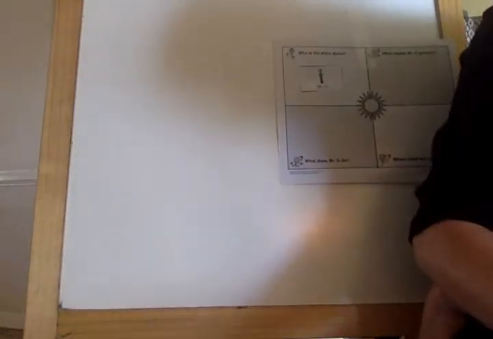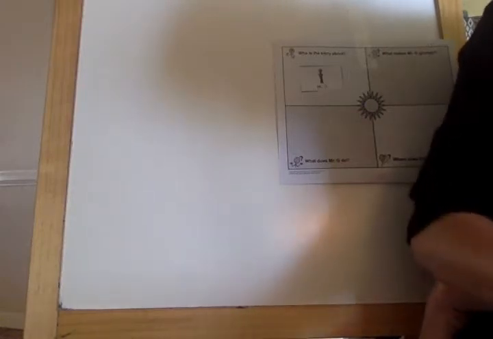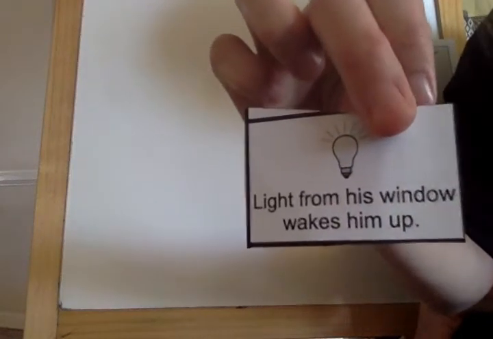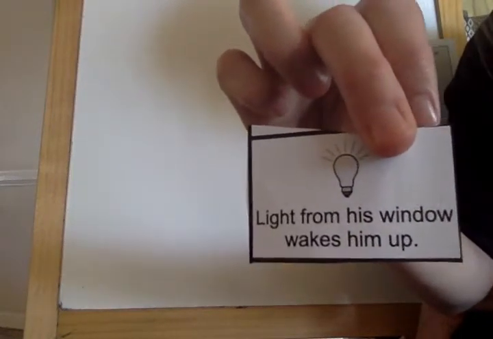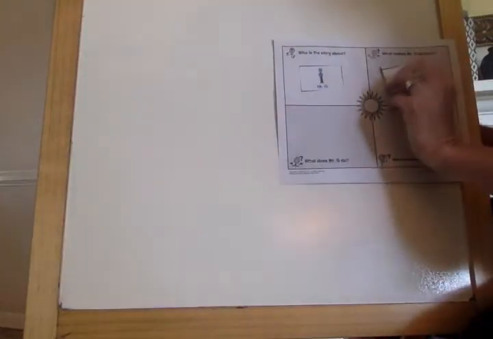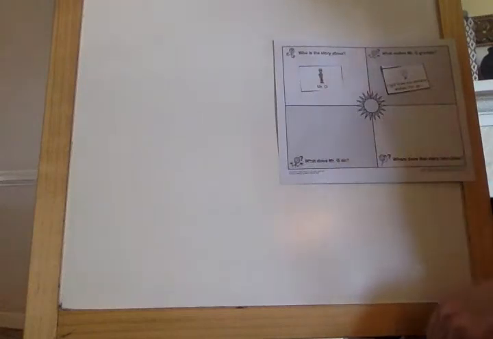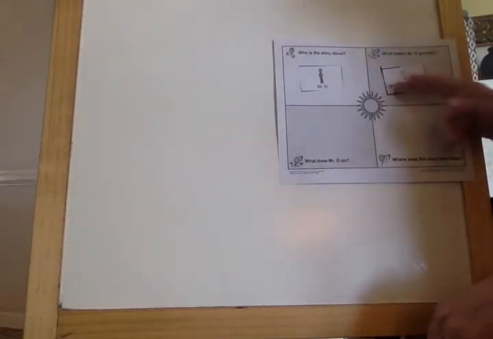No. What about the light bulb? Light from his window wakes him up. Yay, that's the correct answer. So put some glue on the back and glue it in the second box. So Mr. G is grumpy because light from his window wakes him up.